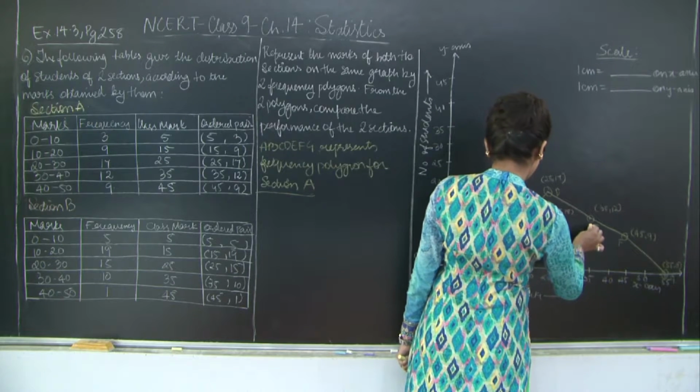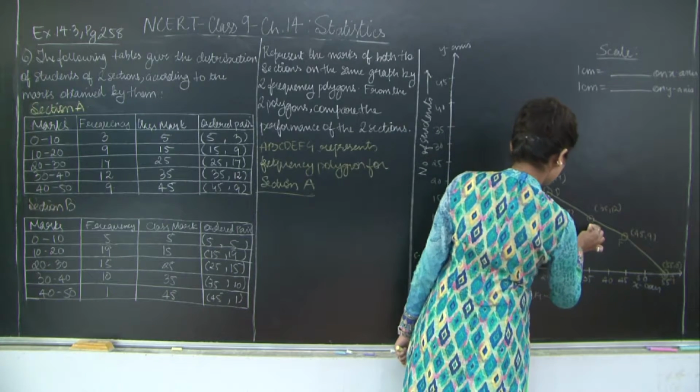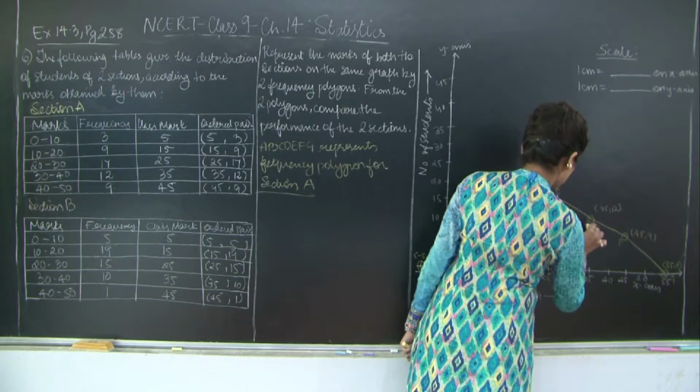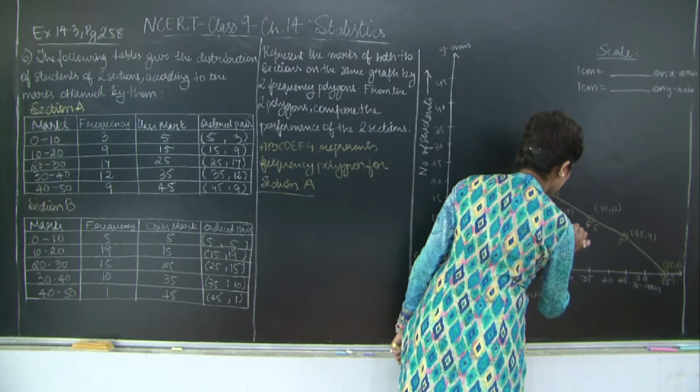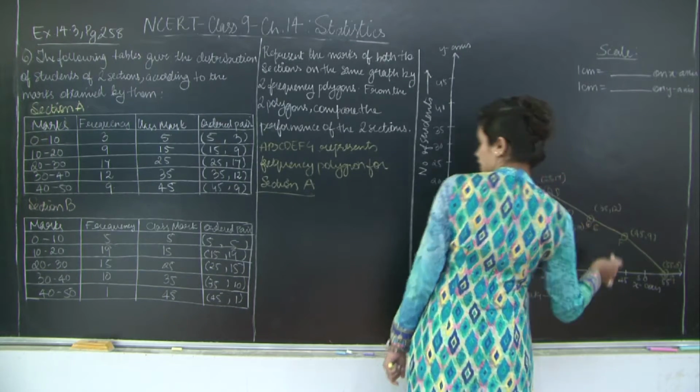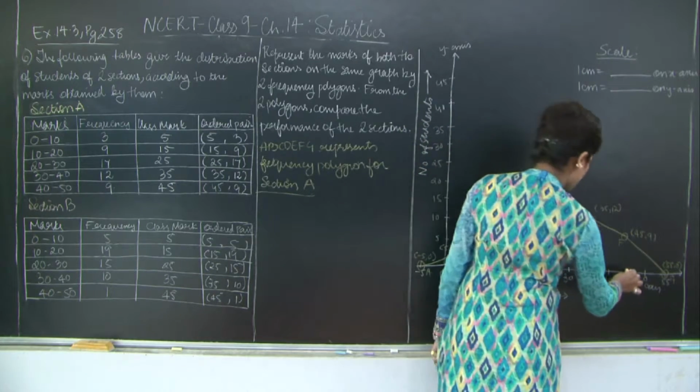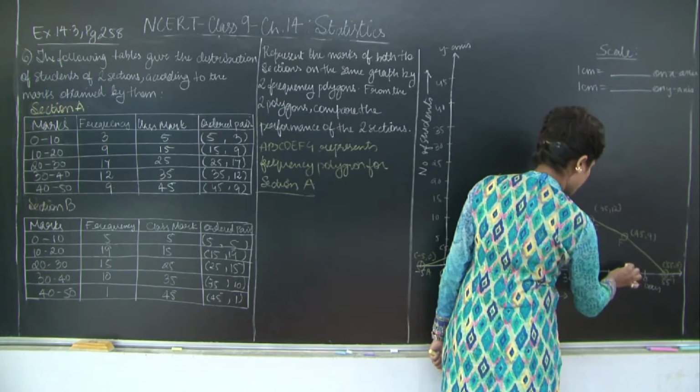So 35 and 10. And 45, 1. So 45, 1 would be just here.